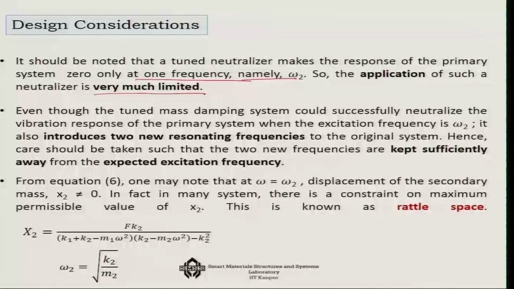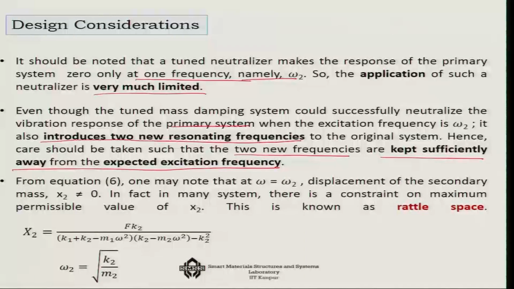And even though the tuned mass damping could successfully neutralize the vibration response of the primary system when the excitation frequency is omega 2, it also introduces two new resonating frequencies to the original system. So, care should be taken that these two new frequencies are sufficiently away from the expected excitation frequency. Otherwise, there will be a high resonance in the system.